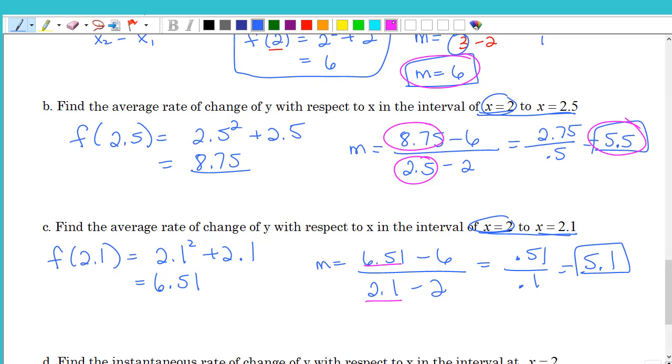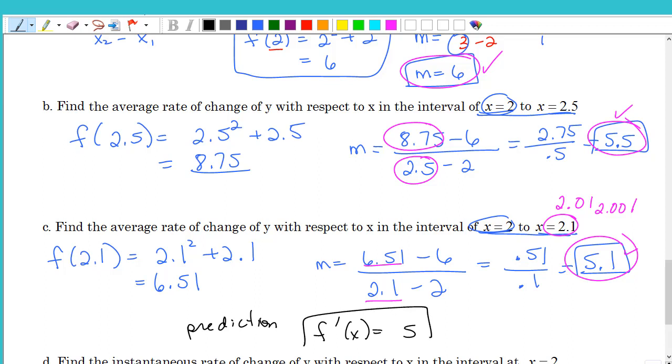Okay, so now we've gone from 6 to 5.5 to 5.1. So what would be your prediction instead of 2.1, 2.01? Or 2.001, letting it get closer and closer. In other words, what do you think that limit is? Well, my prediction is that the slope, or the instantaneous rate, or really that derivative, is going to be 5.